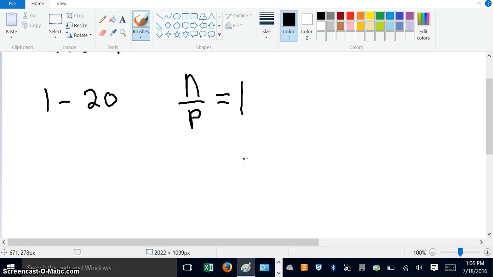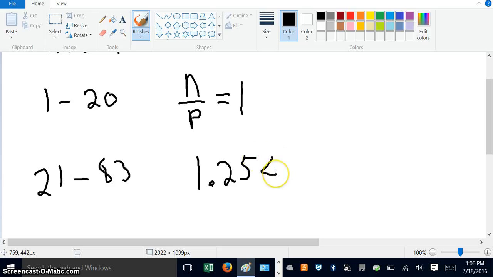Now for elements 21 through 83, you can have a band, a range, if you will, of stability. So the lower limit of the range is 1.25.